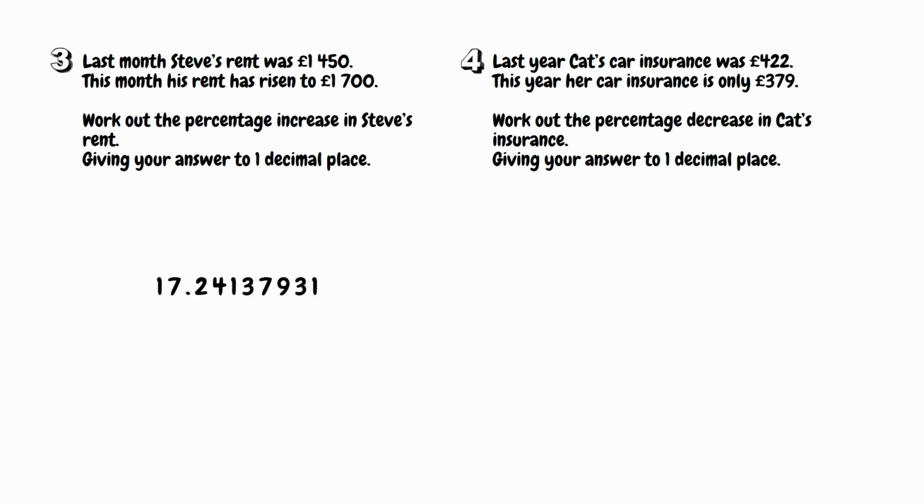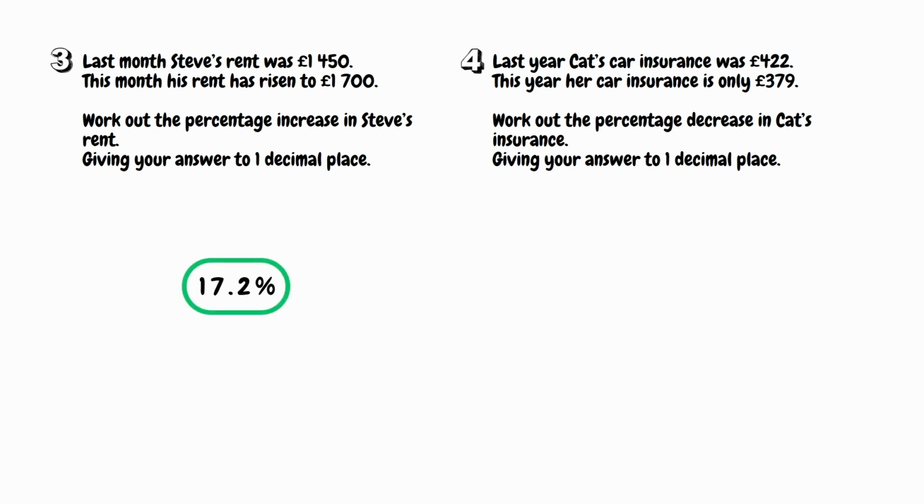And then looking back at the question, we need to give our answer to one decimal place. So looking at the tenths column, we can see that we've got a 2. Then looking to the right to the hundredths column, we've got a 4. So we're not going to round that 2 up to a 3. It's going to remain as a 2. So our answer to one decimal place would be 17.2. And that would be our percentage increase in Steve's rent.